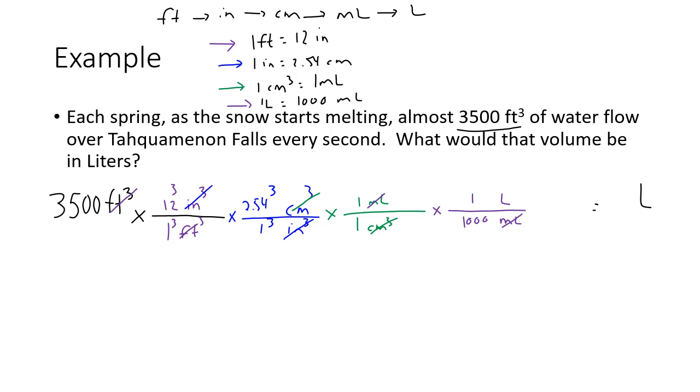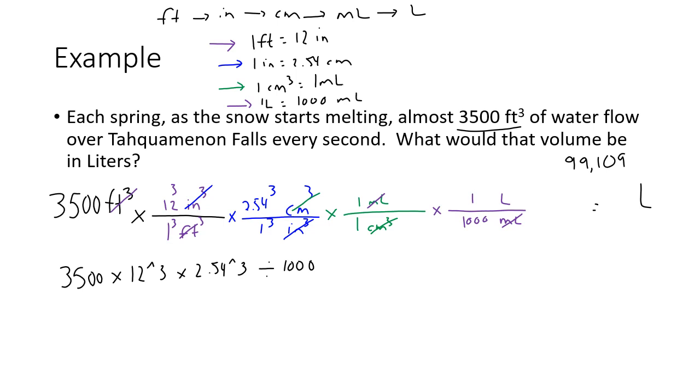When I type that into my calculator, I would type this in as 3,500 times 12 cubed times 2.54 cubed divided by 1,000. And if it's typed in correctly, I should end up with initially 99,109 liters.